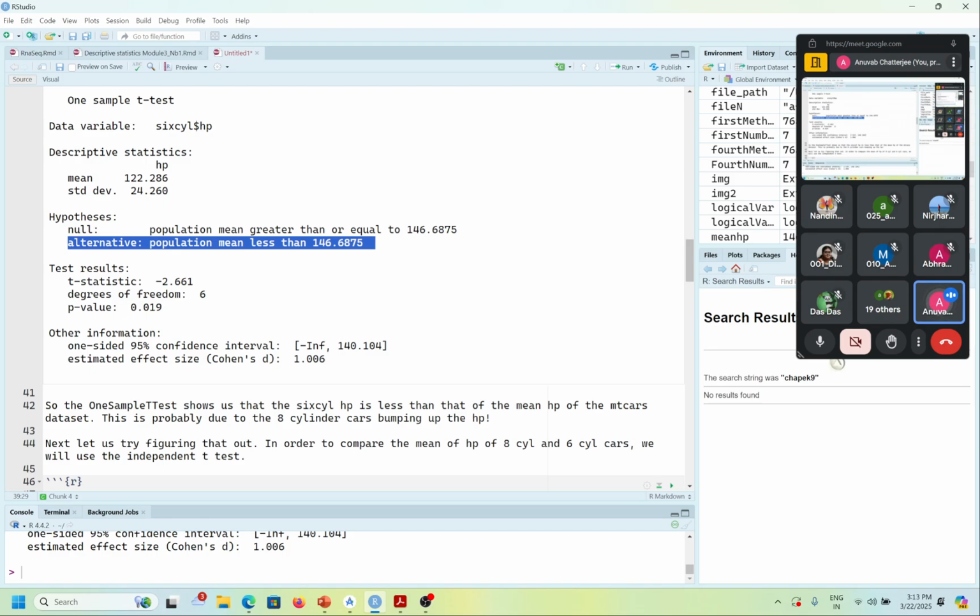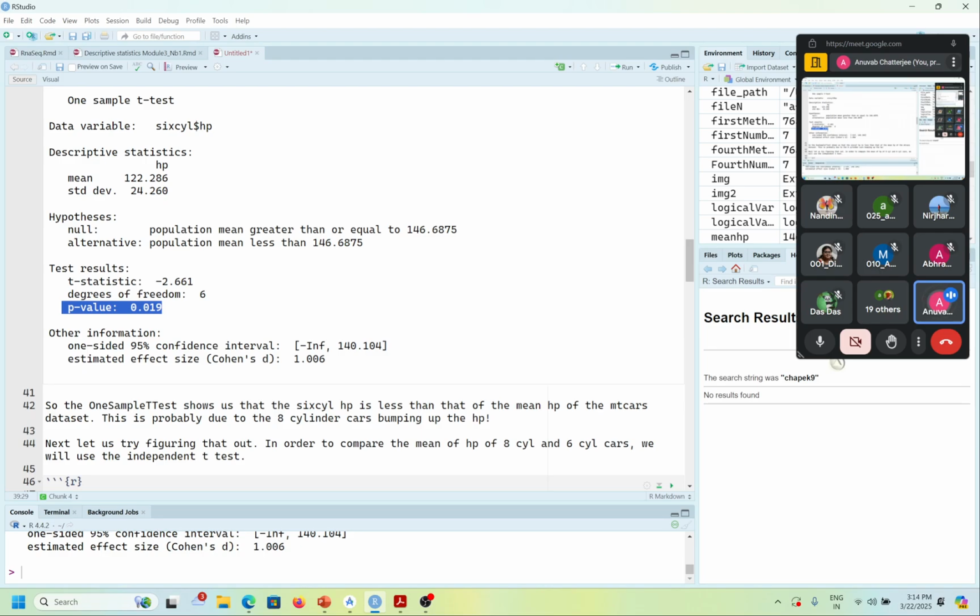The mean that we are calculating is written here as population. The population here is only the 6-cylinder cars. So the HP of the 6-cylinder cars is less than the HP of the mtcars dataset, which is 146.6875. When we run this test, we find that the p-value is 0.019, which is less than 0.05.